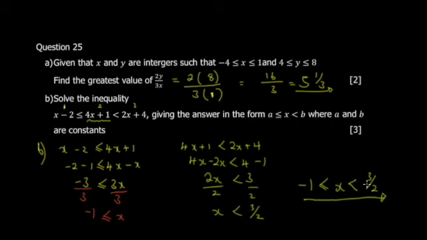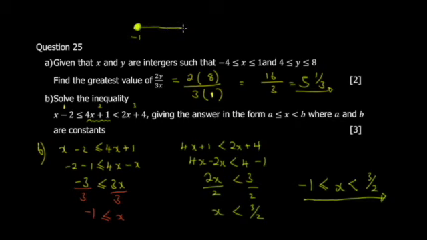And just out of interest, when you're asked to show this on a number line, this is how you do it. -1 would come first. So here, -1, and it's not a strict sign, so it should be shaded.